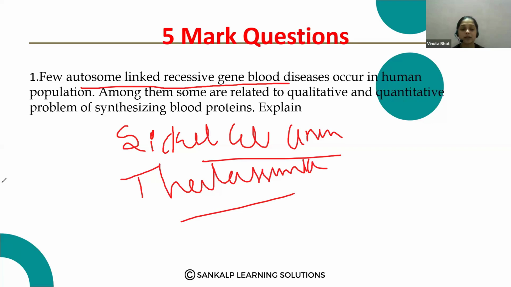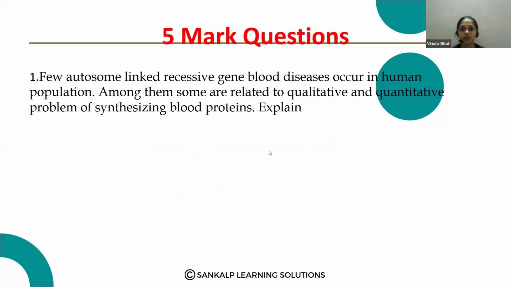Okay, so these are the autosome-linked diseases related to the blood, where there are qualitative and quantitative problems in synthesizing the blood proteins. Here, one more, hemophilia, is a sex-linked disease, which is not an autosome-linked disease. So here we have to explain these two diseases. That is the 5-mark question.